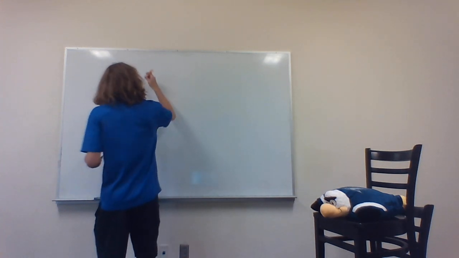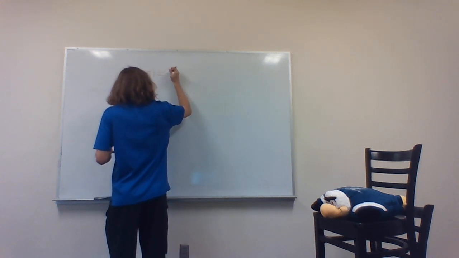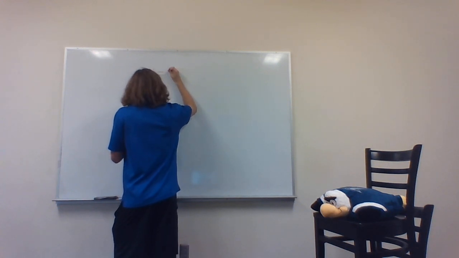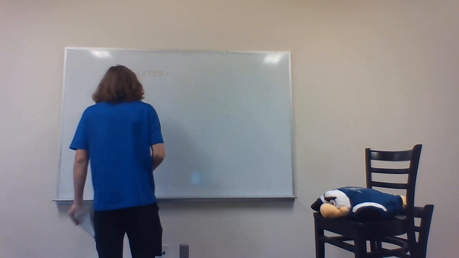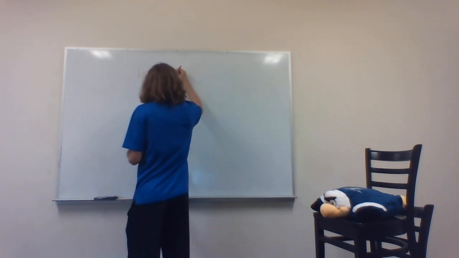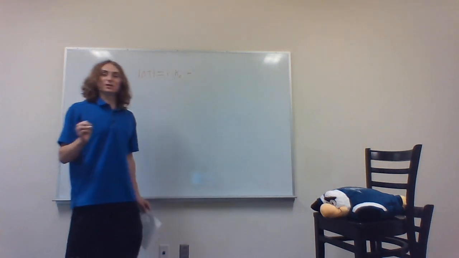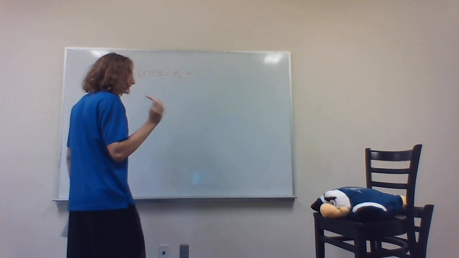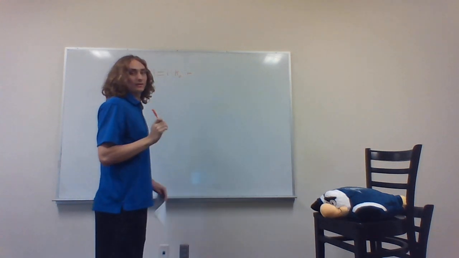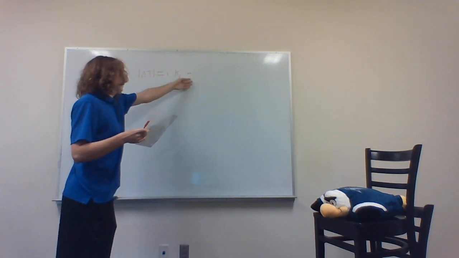So the equation for freezing point is change in temperature equals i times Kf times molality. So the absolute value of change in temperature equals i times Kf times m.